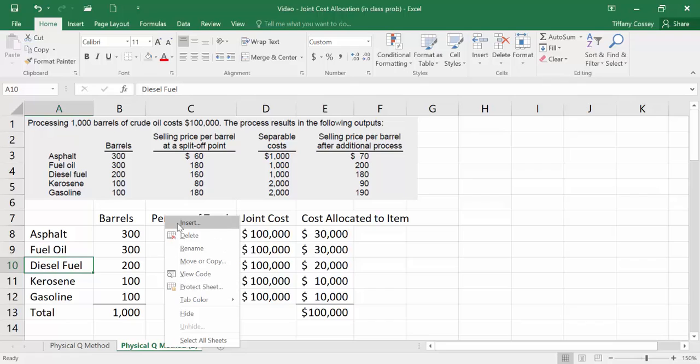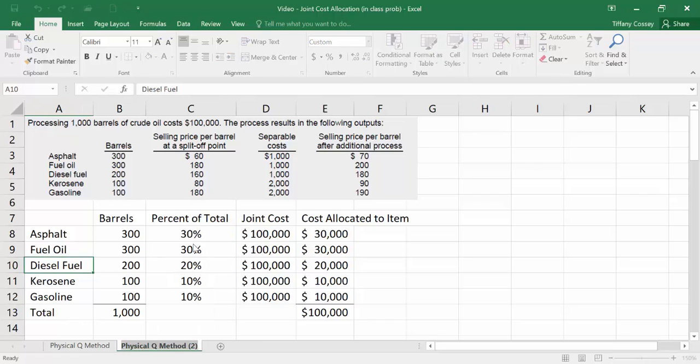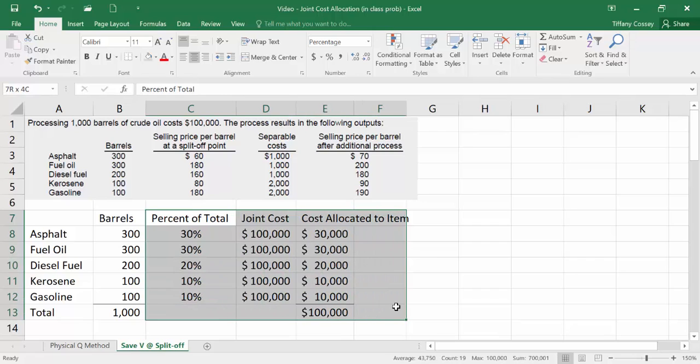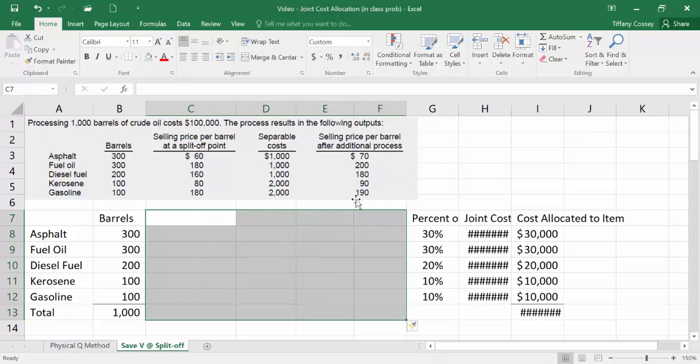and we do a calculation. I'm going to keep these columns, but I'm going to scoot them over because they're going to be useful in a minute.